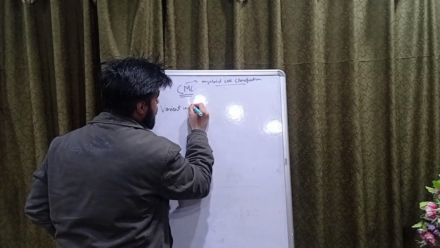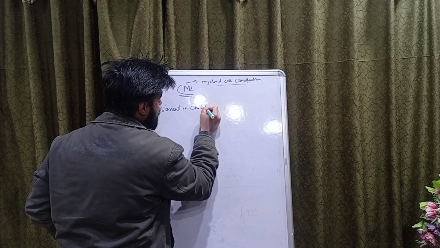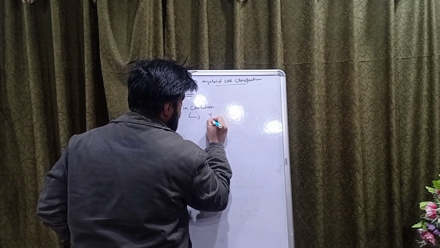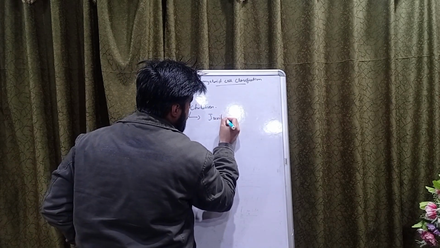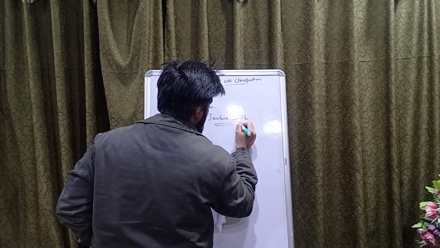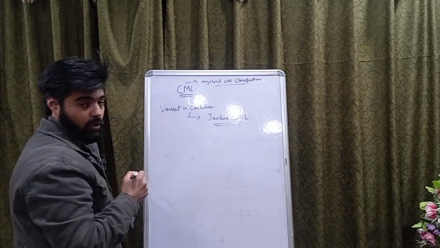In children, it is called juvenile CML. Okay, this is very important for you guys.